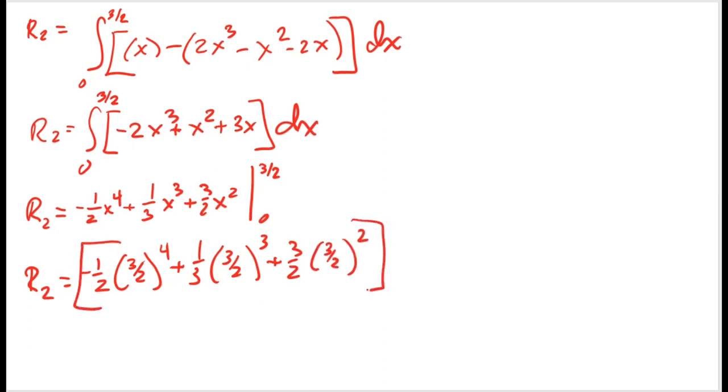So this is our F of b minus F of a, but we see F of a is 0 again. So 3/2 to the 4th power. That gives us 81 over 16, but there's another 2 here. So it's 81 over 32 with a negative.